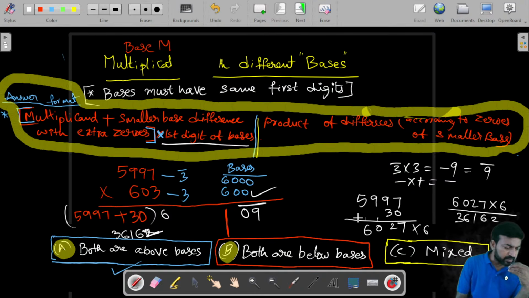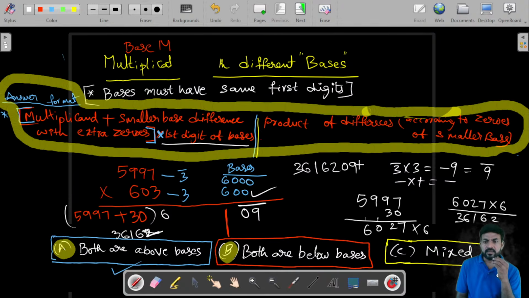Darshit got the correct answer. 3616191 is the correct answer. So we get 3616209, but this is bar 9.